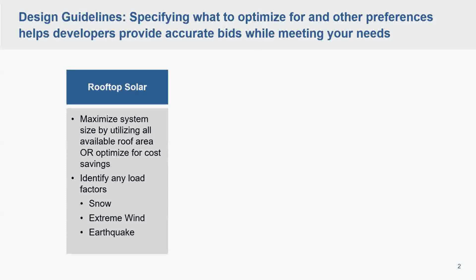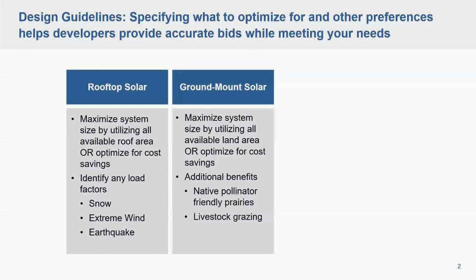And then any other load factors that might be helpful, like snow or extreme wind, hurricane, earthquake, things like that, and the necessary factors that they have to design to, given your location. If you're looking at a ground-mounted system, it's the same thing as before, letting them know whether they should utilize all the available land area you've outlined, or should they optimize for cost savings or something else.